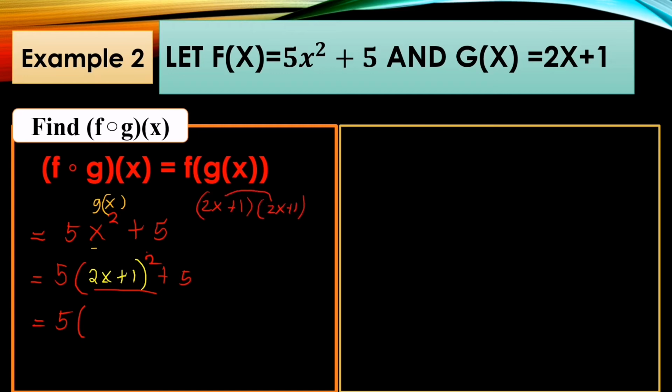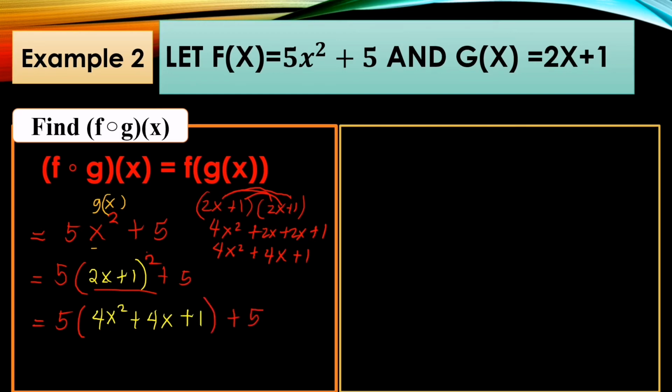So 2x times 2x is 4x squared, 2x times 1 is positive 2x, 1 times 2x is positive 2x, and plus 1. So simplify: 4x squared plus 4x plus 1.